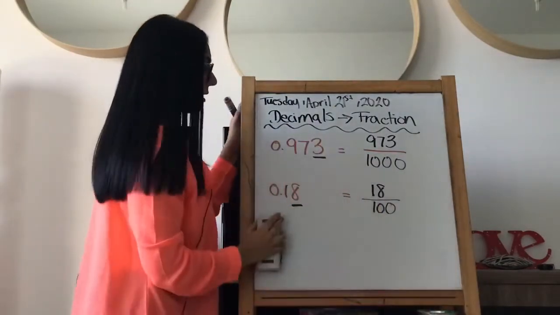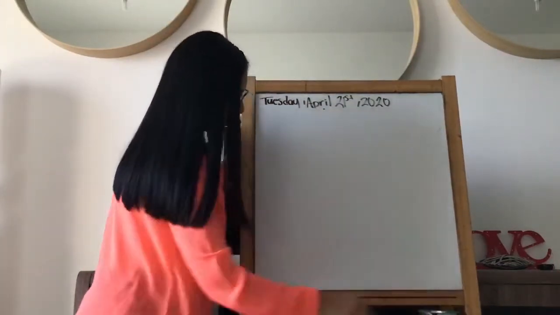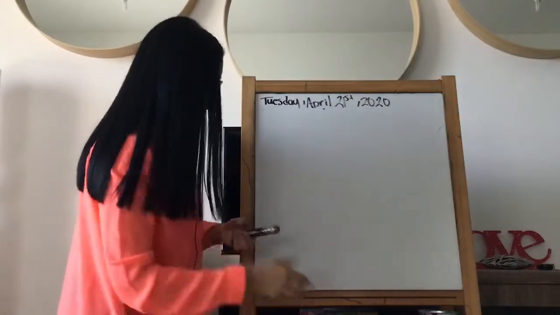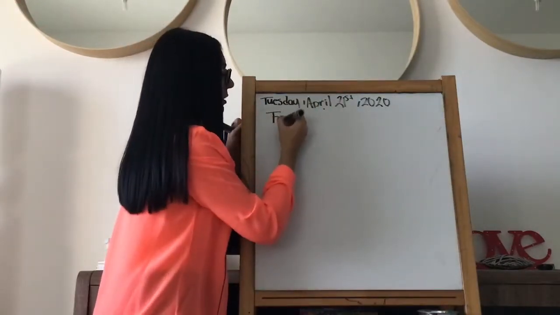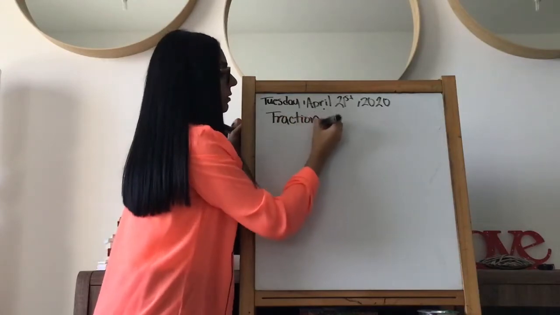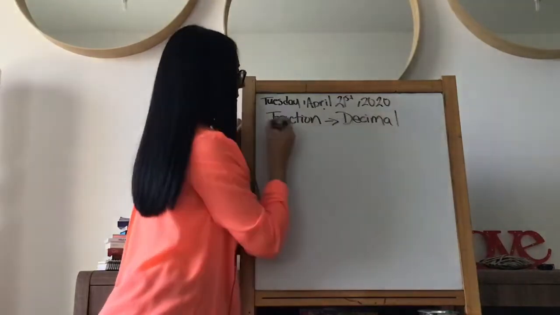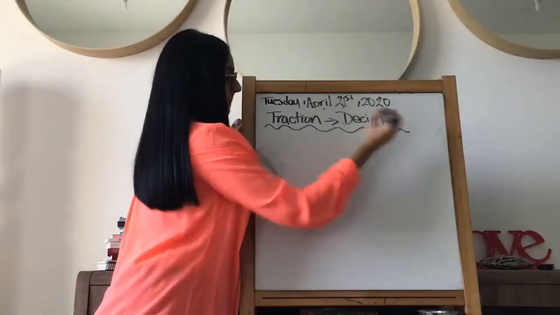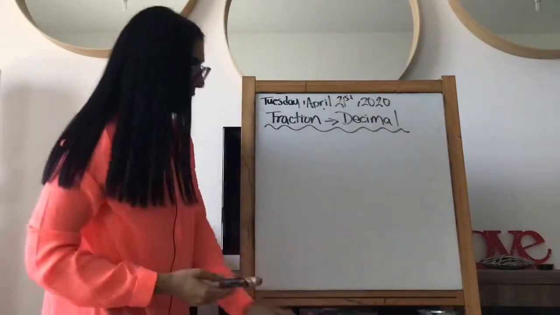Now, what if I'm going from a fraction to a decimal? So the other way around. Same thing, but just the other way around. Fraction to a decimal. Okay, so that means, and hopefully you'll remember this rule, we had only one rule.